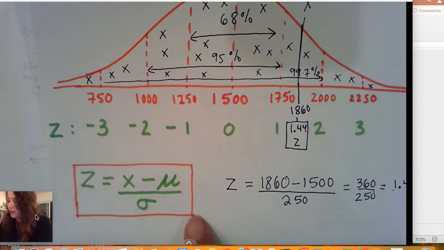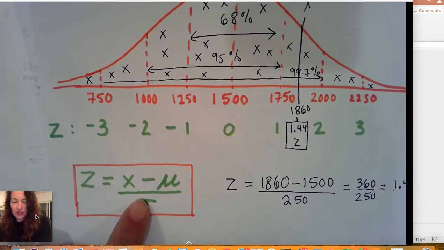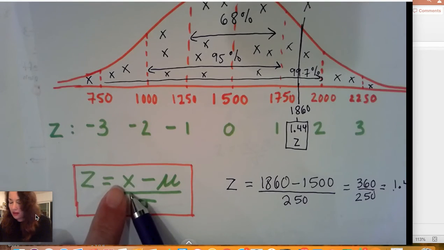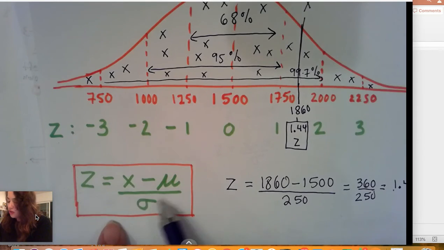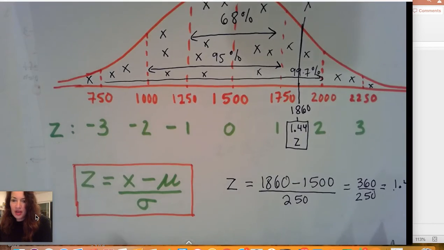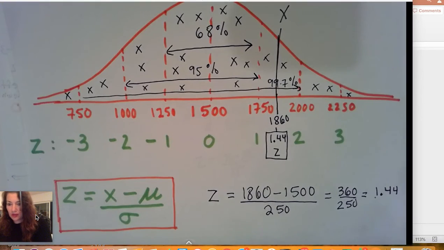So for example, I can be given the z-score, the observation, and the standard deviation, and I could calculate the mean. Or I could be given the standard deviation, the mean, and the z-score, and I can calculate the observation. So the question can be asked in many ways using this formula. And that's basically how we calculate a z-score.